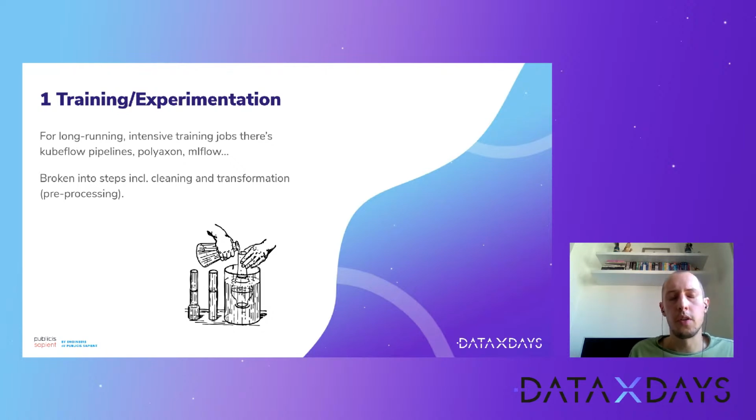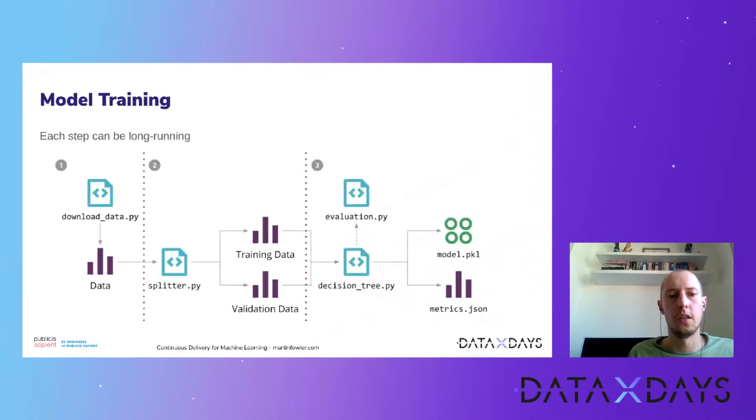These are about providing facilities to run long-running training jobs that need a lot of compute power on a hosted environment. Typically that means creating some sort of manifest that specifies which steps are to be done in which order. So there'll be steps such as cleaning the data and then performing further transformations, and those will be done in order.